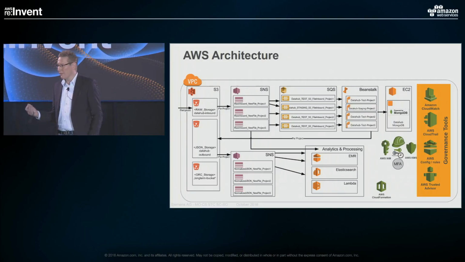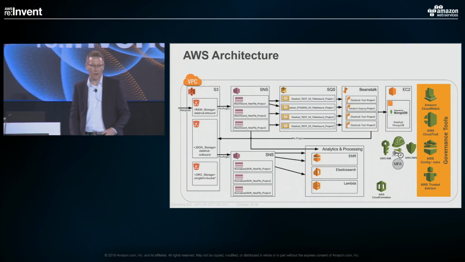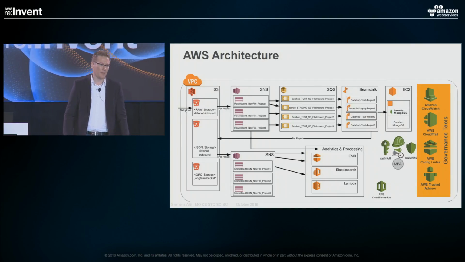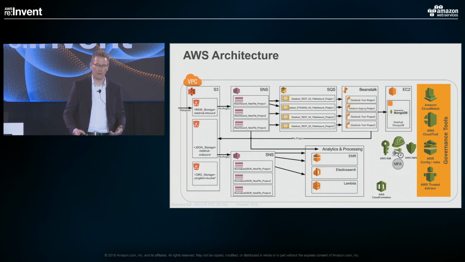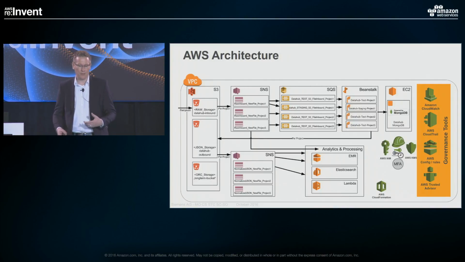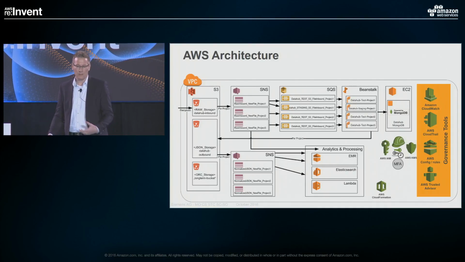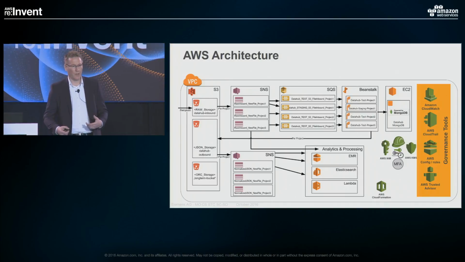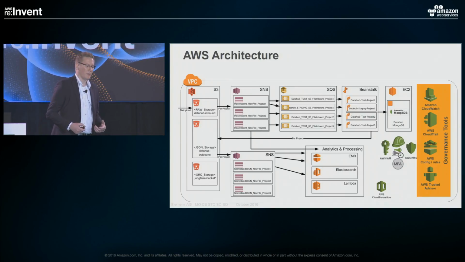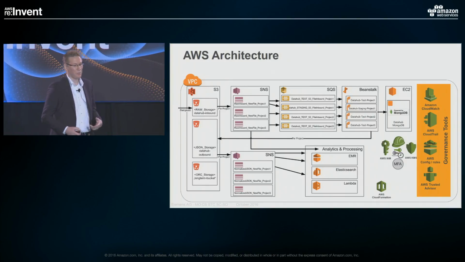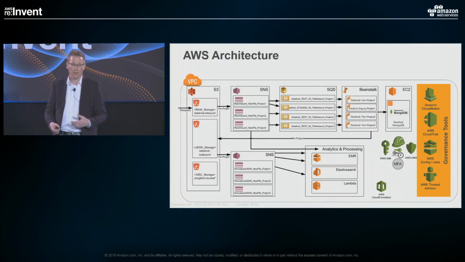But the important thing Prashant mentioned before is the governance tools on the right side. At Siemens we have a strict governance policy and a compliance policy for all IT stuff we are doing, and therefore we have a 4-layer account setup for our projects defined.